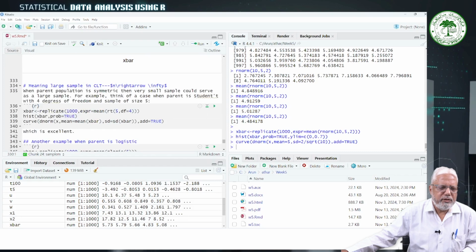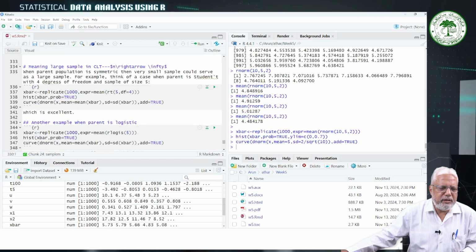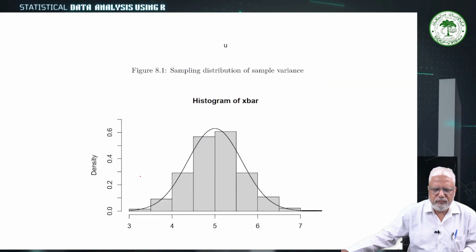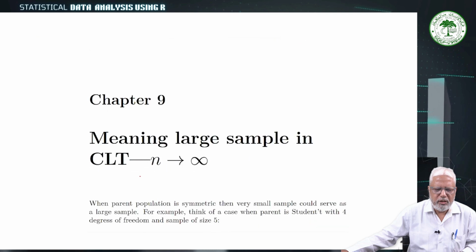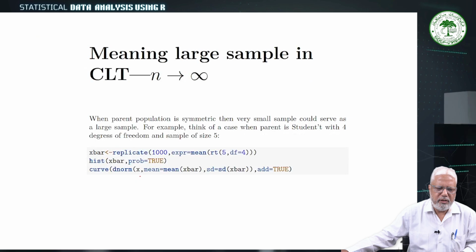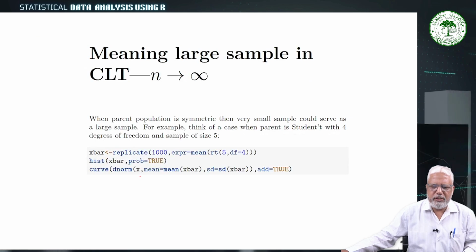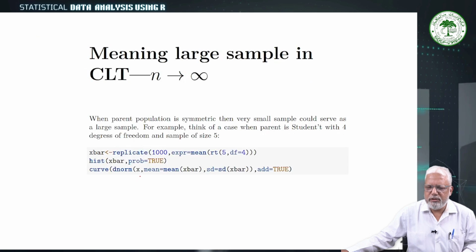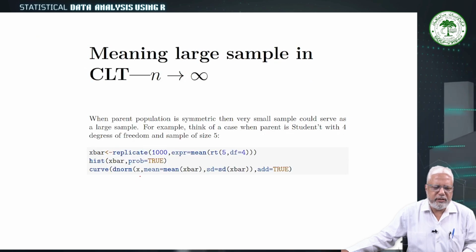Now, see what is the effect of, I would like to read it from here. We have already proved these two results. Now, the meaning of large sample in CLT. When the parent population is symmetric, then a very small sample could serve as a large sample.